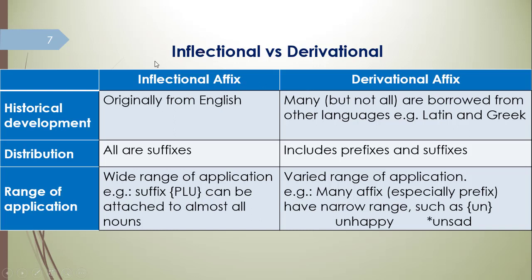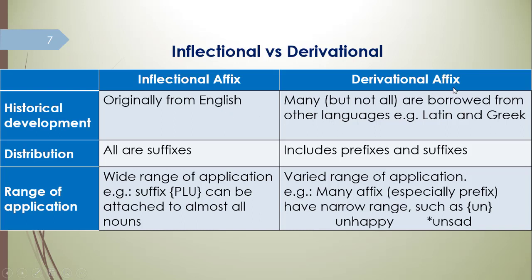And these are the further differences between inflectional and derivational affixes. Ini adalah perbedaannya lagi. Selain yang tadi sudah dijelaskan, saya akan menjelaskan lebih banyak perbedaan antara inflectional dan derivational affix. From the historical development, inflectional affixes are originally from English or Old English.